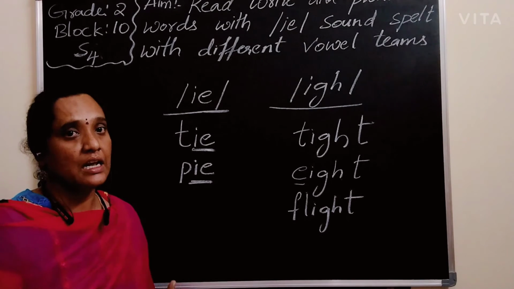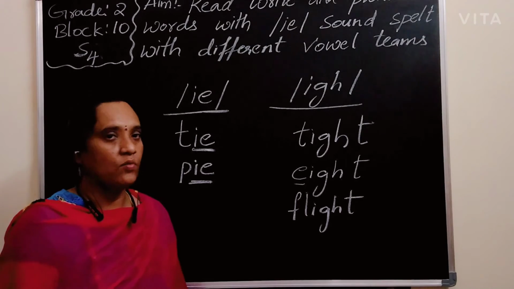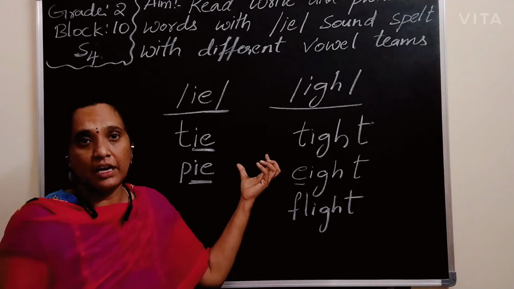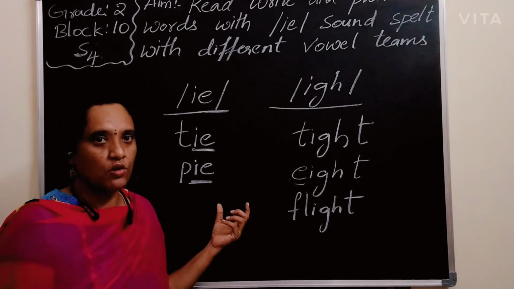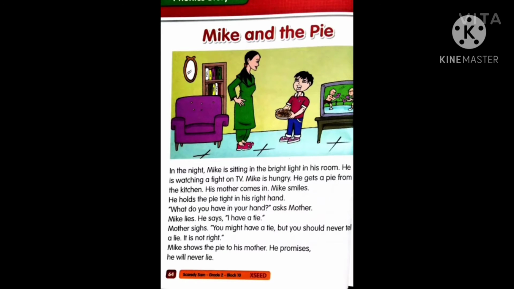Now basing on this, let us read the textbook and find out. Children, be ready. Open your textbook. Now let us read the words with IE, that is I sound words. Mike and the pie.